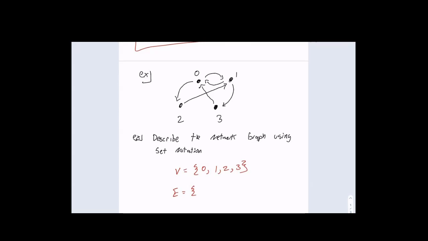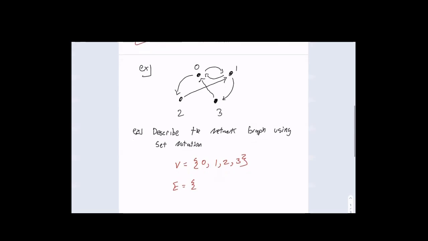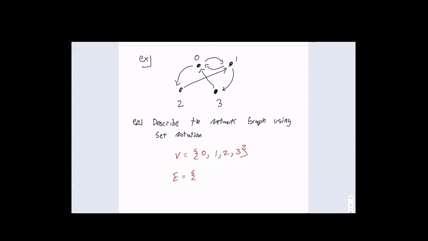So who wants to say them out loud? Remember, Brianna, they are directed ones here. All right, what do we got? So we got parentheses 1, 2. No, 2, 1.